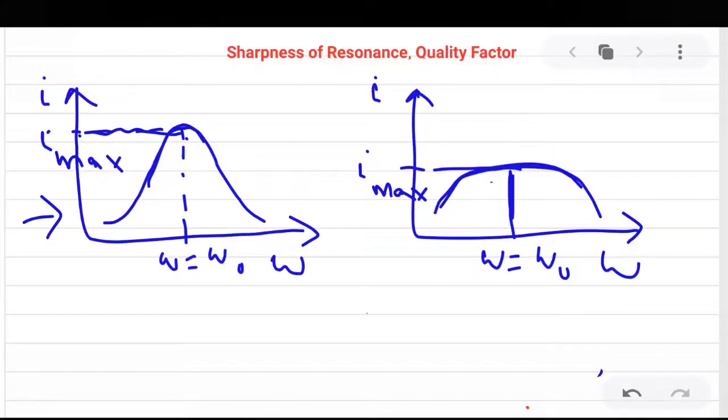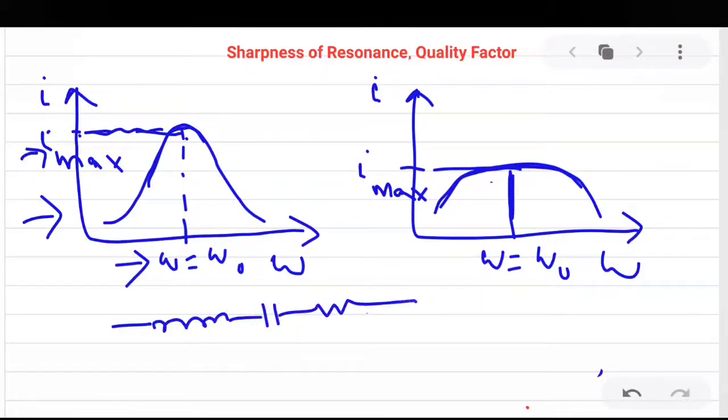See, at resonance frequency, the current is maximum. That means if you have a series LCR circuit, suppose this is L, C, R, inductor, capacitor, resistor, this series LCR circuit is connected to a device, and suppose we are getting some signal, like radio signal or TV signal. That radio wave is converted into an electrical pulse.